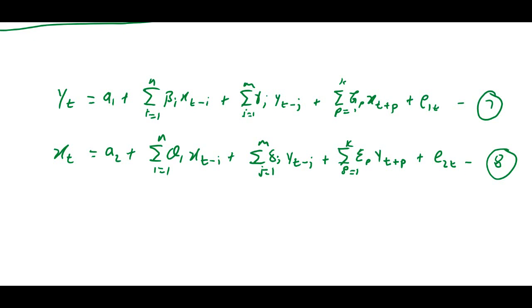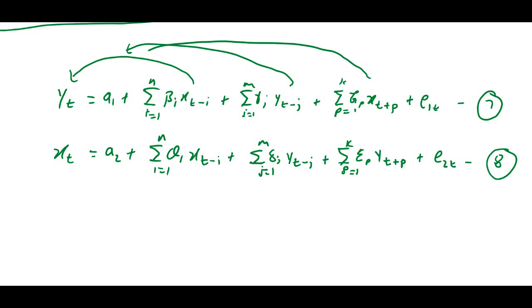Now, what does this equation mathematically mean? It means that the lag value of xt causes yt, the past value of x causes y, the past value of y causes y, and the future value of x causes y. So how is this possible?